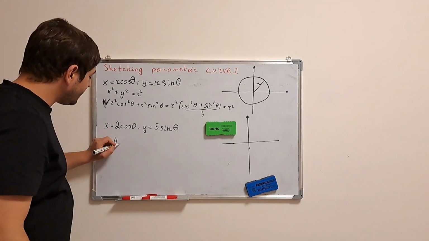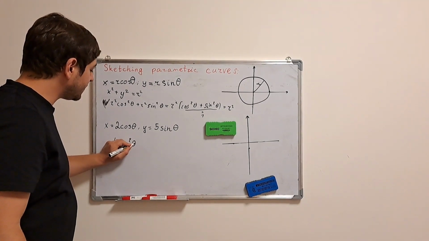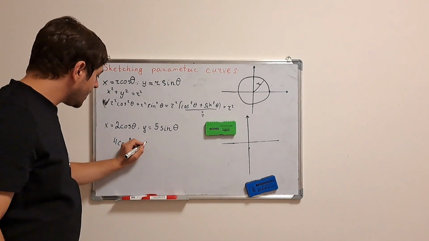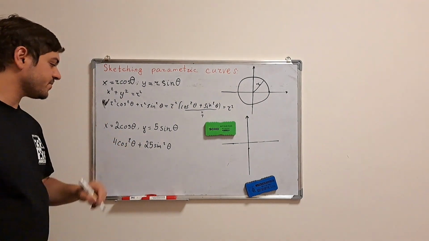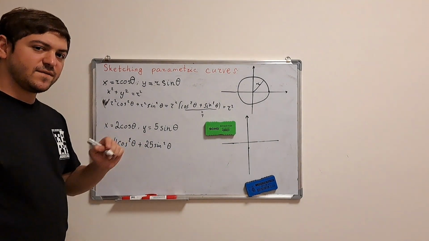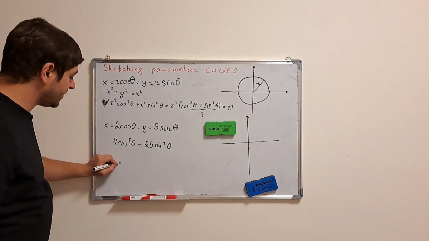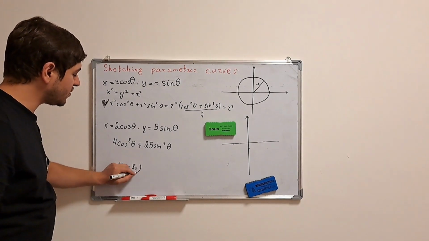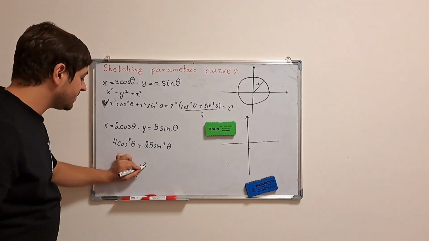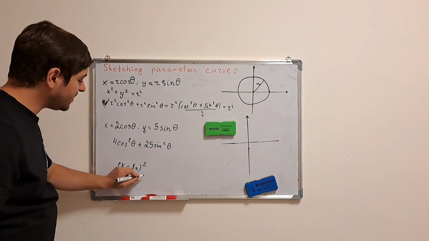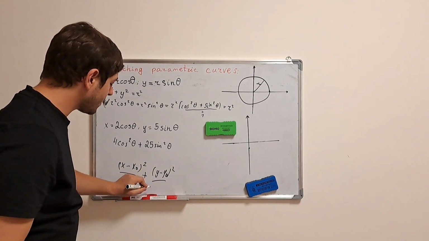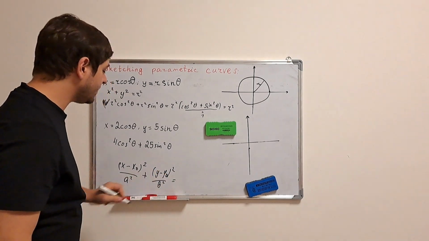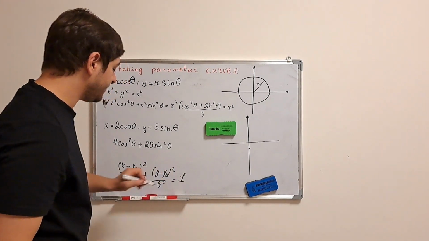So you see, if I square them both up, I will have the following result. And if you might recall, the formula for an ellipse would be given in this form, x squared over A squared plus y squared over B squared equals 1.